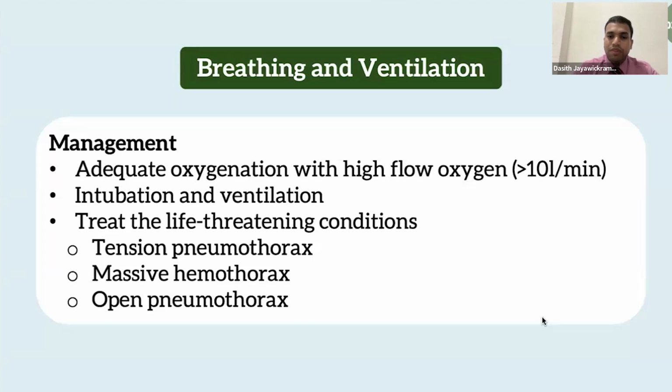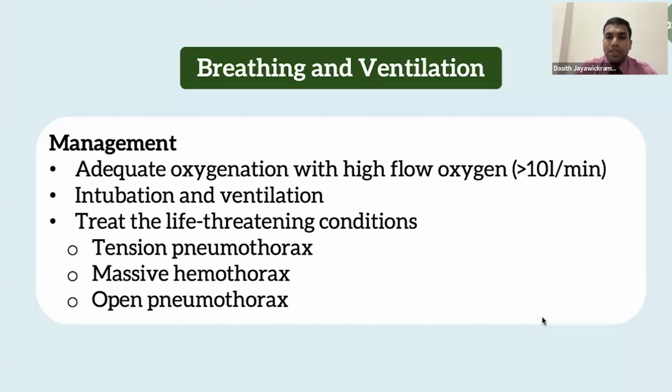Because of that, the air entry to the affected lung is reduced, and the cardiac output is also reduced. Massive hemothorax: again, blood accumulates in the interpleural space, which pushes the lung and the mediastinum to the opposite side, which causes decreased air entry to the lung, and there's reduced cardiac output.